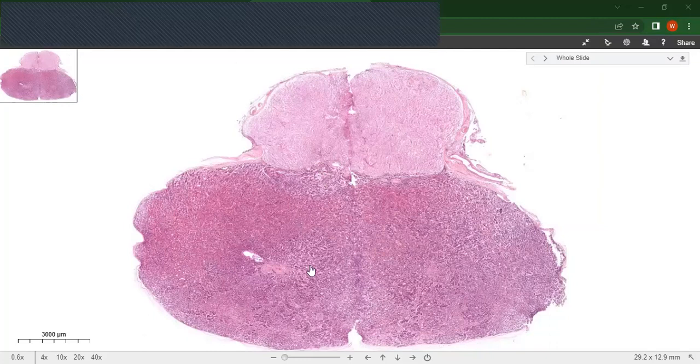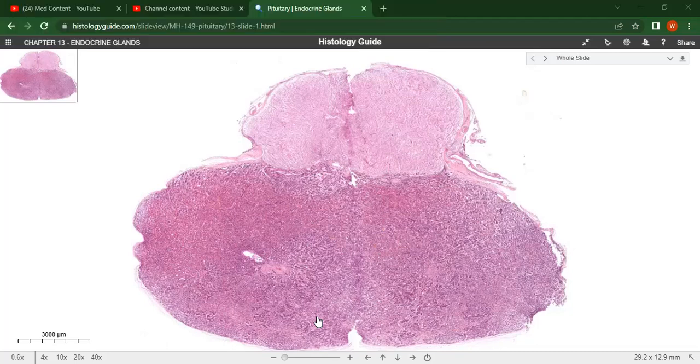This is the adenohypophysis. Then this other part is the neurohypophysis. The adenohypophysis has three parts: pars distalis, pars intermedia, and pars tuberalis.